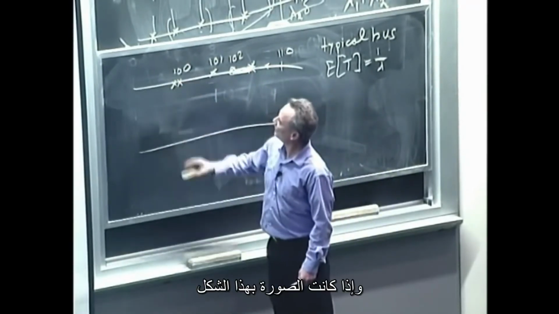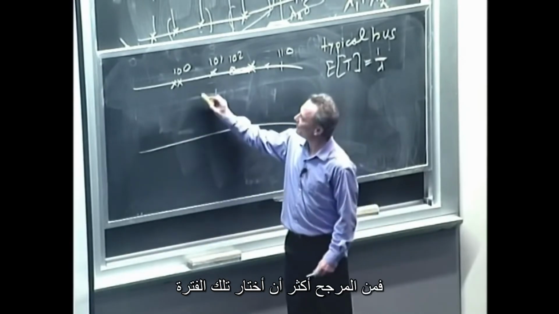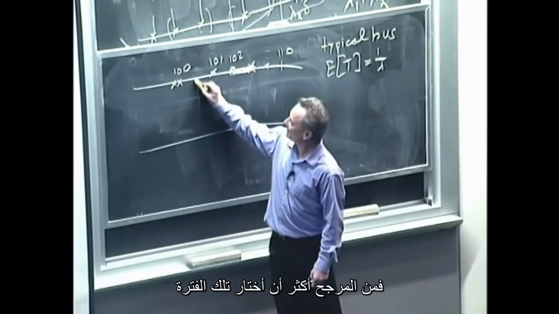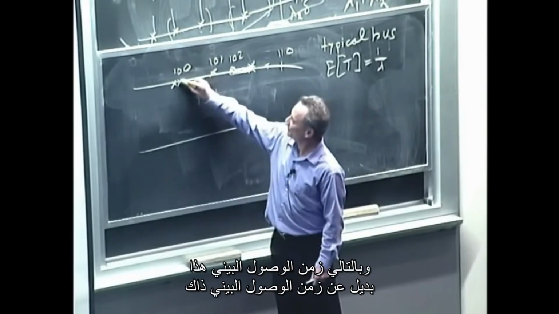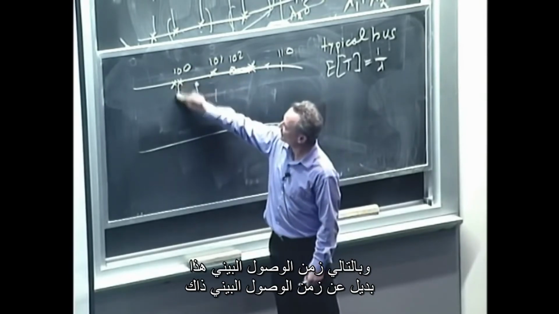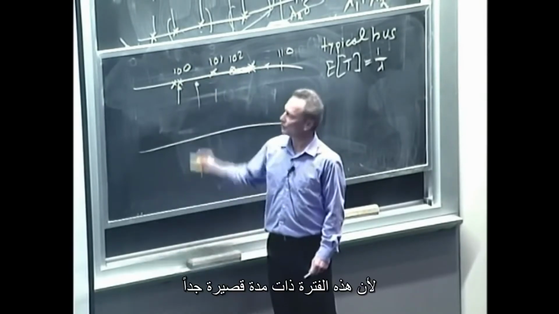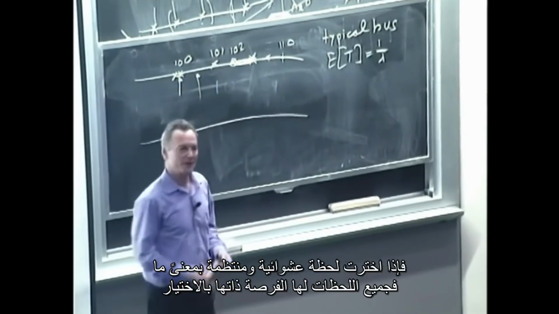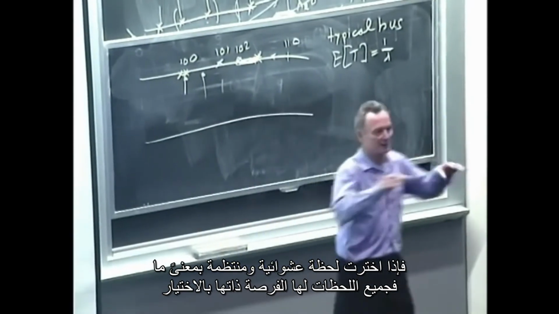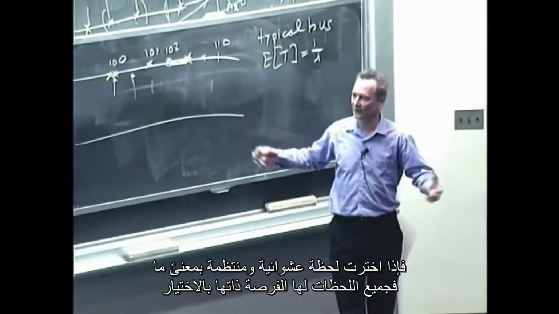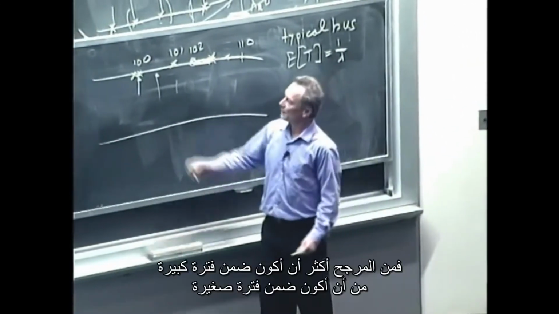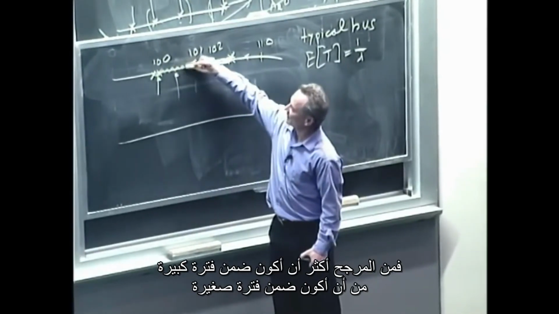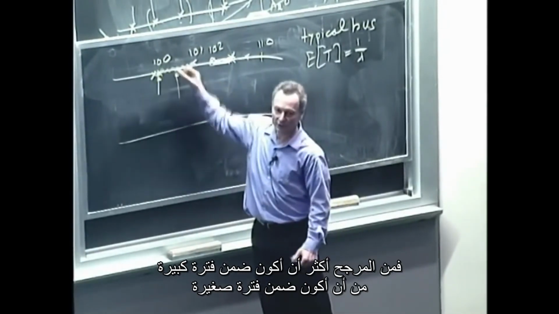And if the picture is, let's say, this way, I'm much more likely to pick this interval, and therefore this interarrival time, rather than that interval, because this interval corresponds to very few times. So if I'm picking a time at random, and in some sense, let's say uniformly, so that all times are equally likely, I'm much more likely to fall inside a big interval rather than a small interval.